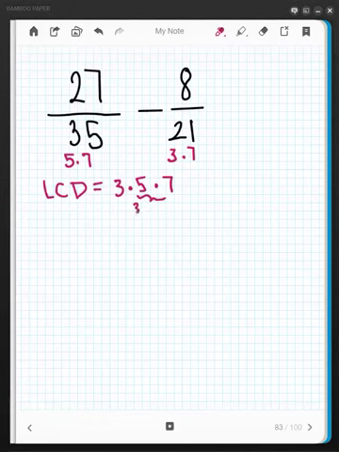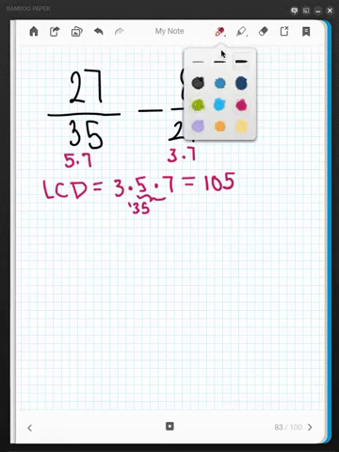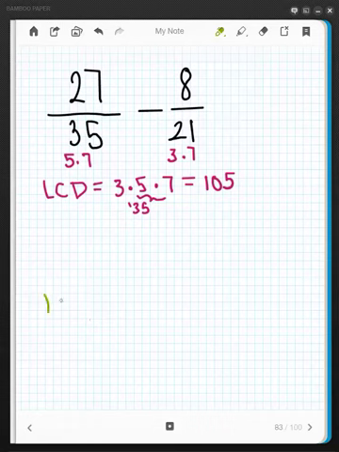So 35 times 3, 3 times 5 is equal to 15. Carry the 1, 3 times 3 is 9, plus 1 is 10. And so we have 105 as our least common denominator. So I'm going to go ahead and build the higher terms. So 105 is my higher term, minus 105.